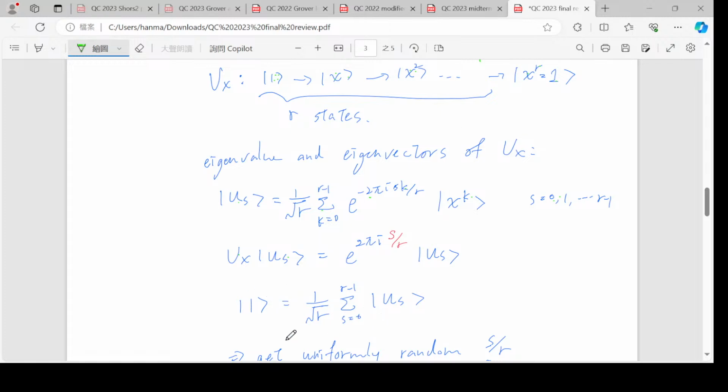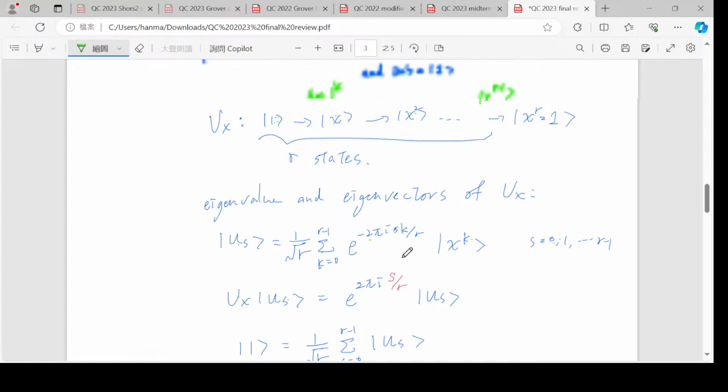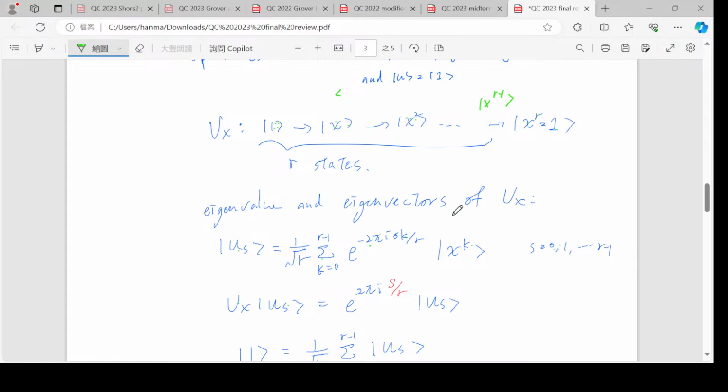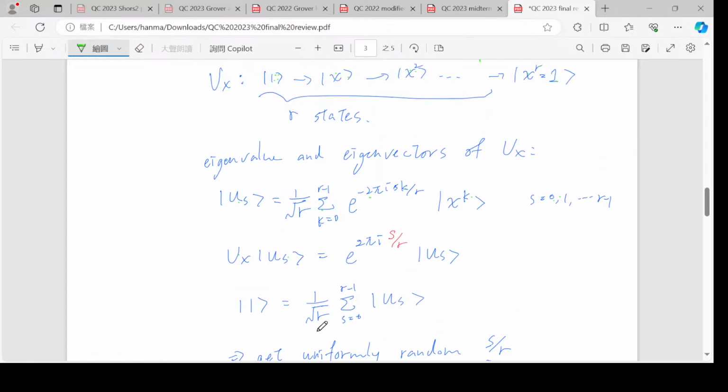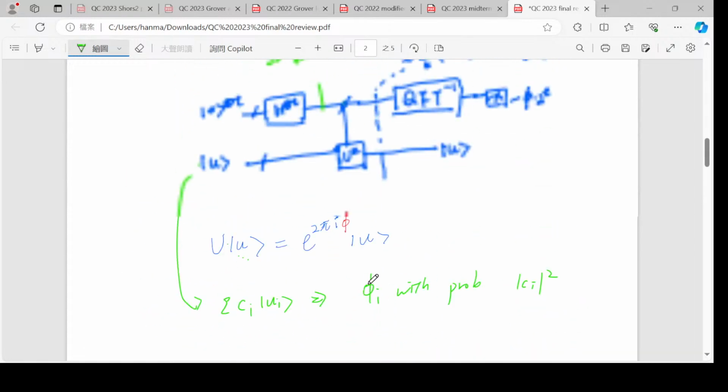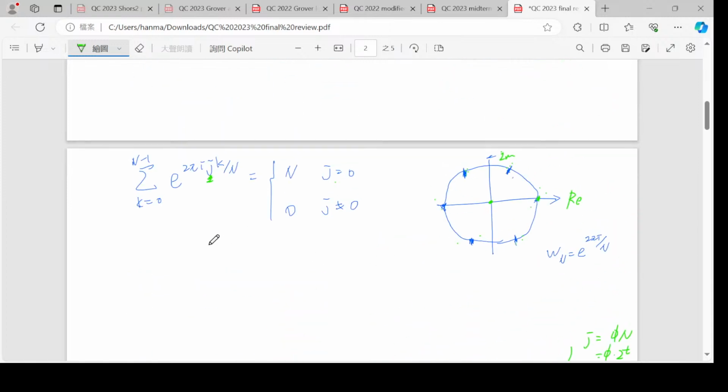And you can see this by checking that they all have a component from those 1, x, up to x to the r minus 1, right? So you can check this relationship by using this thing here. You will see that k equals 0 is this thing, and for all the components of k from 1 to r minus 1 is this thing.